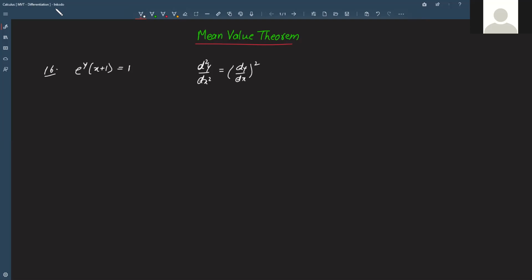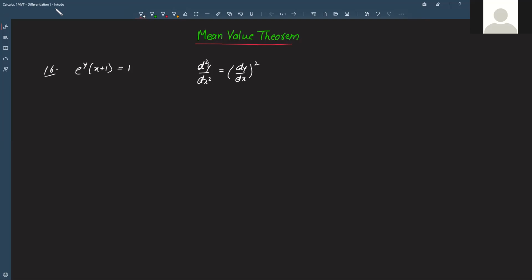So it's actually straightforward. You can do it by separating the y terms on one side and x terms on one side. That is one way of doing it. The other way is you can actually start differentiating them just like any other implicit function.